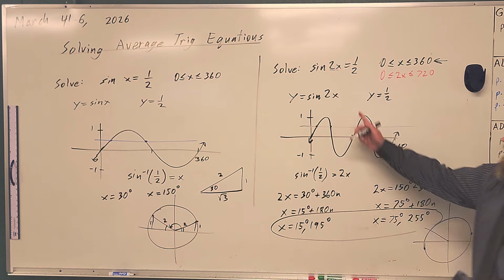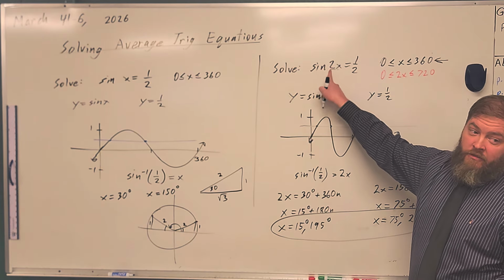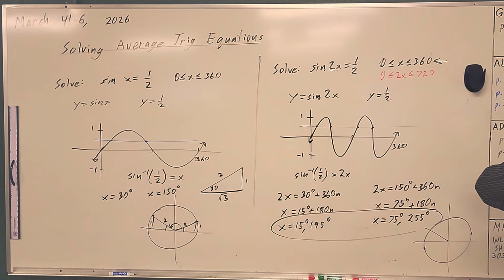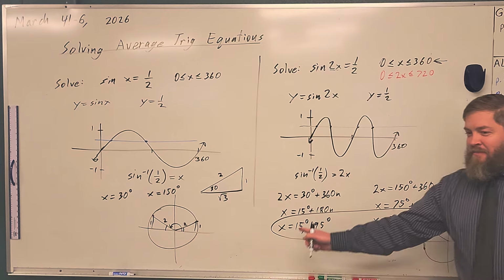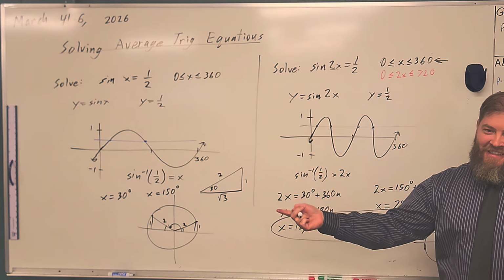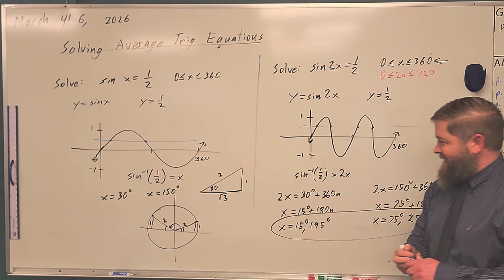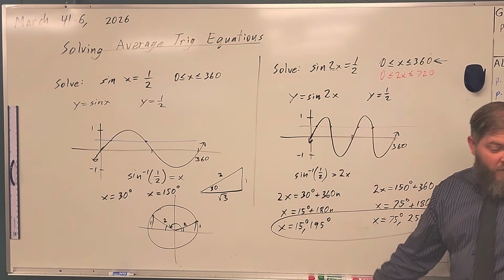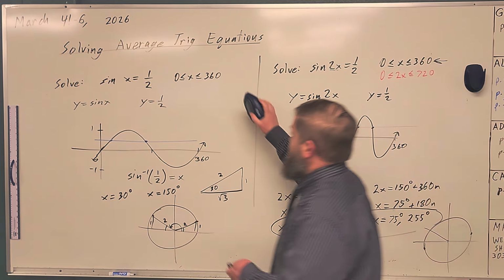Okay. What do you think would happen if I replace that 2x with 3x? There'd be 6 possibilities. What if I did 4x? 8, and so on.